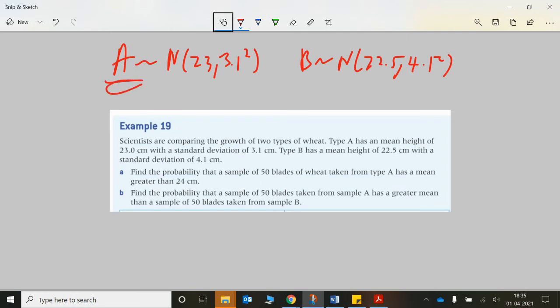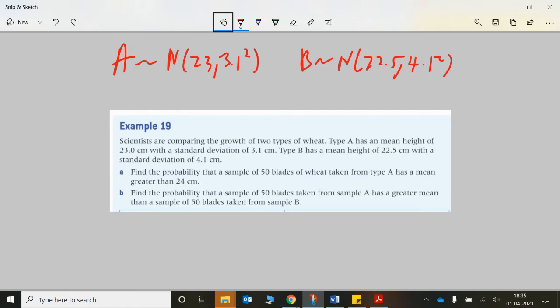Now, A here I'm letting represent the height of one grain of wheat. Is that right? Mean height and standard deviation. So yeah, no, that's fine. So A is representing any piece of wheat.